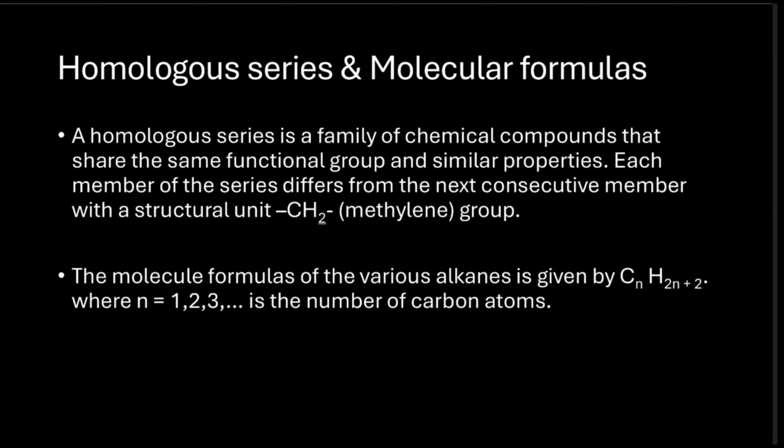So we say the homologous series in alkanes or in hydrocarbons differ from each other by the methylene group. So methylene group given by CH2. So when we take a homologous series made up of alkanes, so let's say we have an alkane with 1 carbon atom, followed by an alkane with 2 carbon atoms, and then another with 3 carbon atoms.